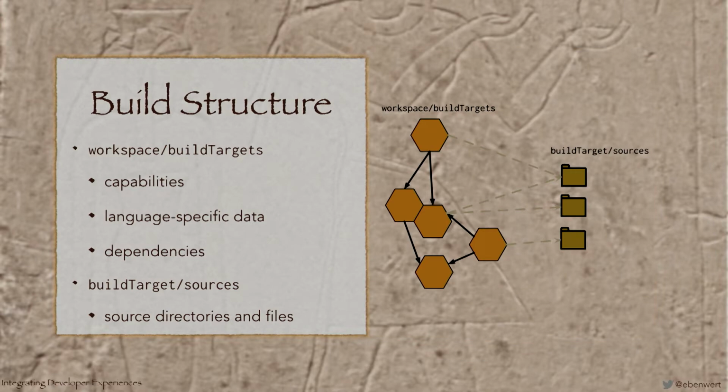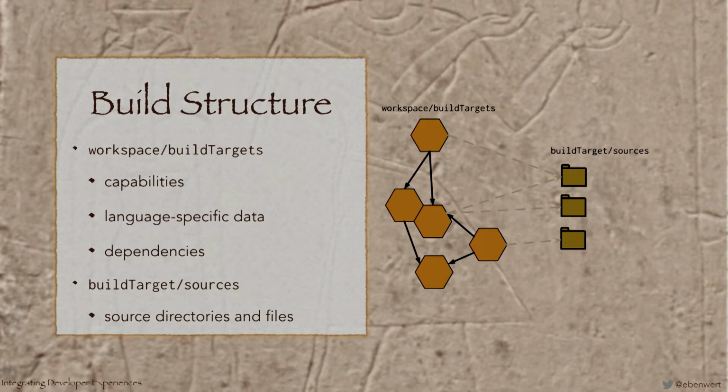Now one major part is the build structure that I mentioned. There's a bunch of requests that you can support, namely build targets. A target is like an abstraction for a bunch of information about sources or how to compile something.